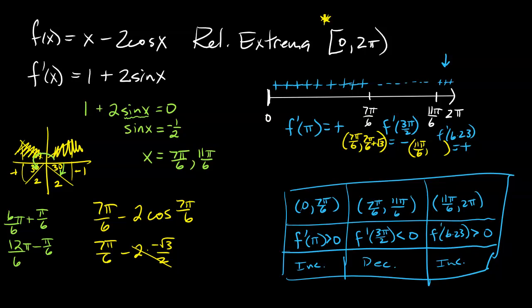If I plug in 11 pi over 6, I get 11 pi over 6 in place of x, minus 2 times cosine of 11 pi over 6, and cosine would be positive square root of 3 over 2.